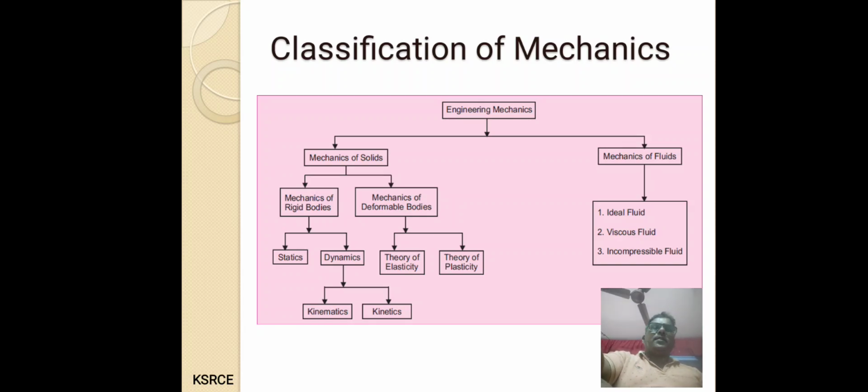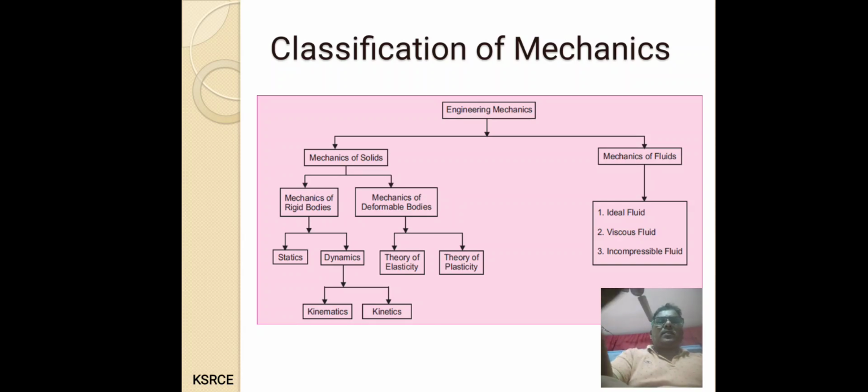Deformable bodies are studied in strength of materials. The strength of materials subject deals with the study of external force acting on the material and how much the material can withstand the force.